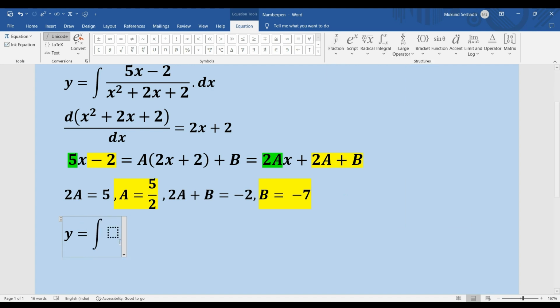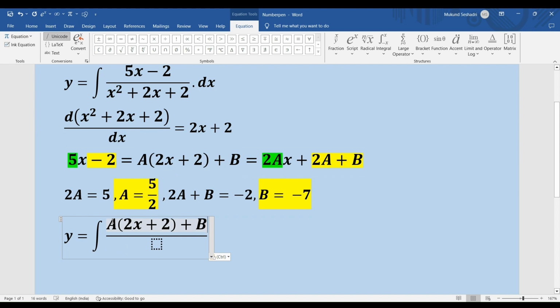So let me go ahead and re-express y that way, right? So what happens now is instead of writing my numerator as 5x minus 2, I'm going to write it as a times 2x plus 2 plus b, right? So I'm going to pick this up here and then let's go ahead and make the substitution.